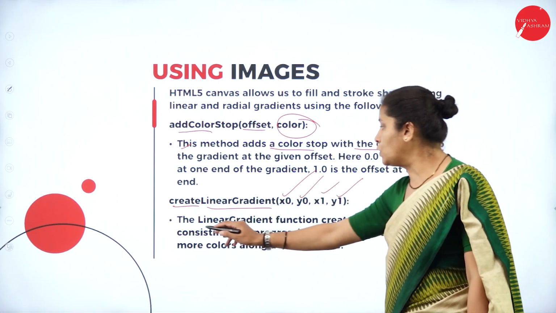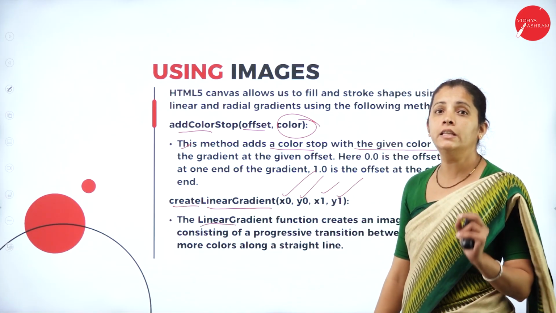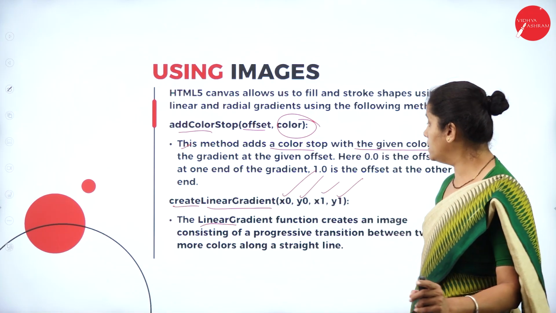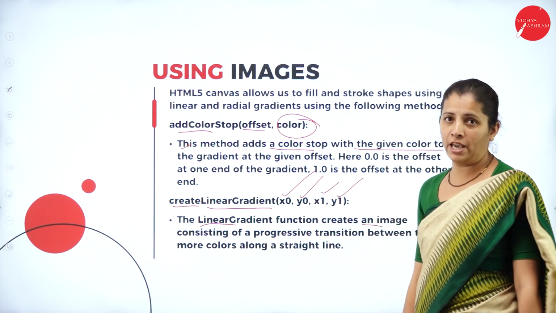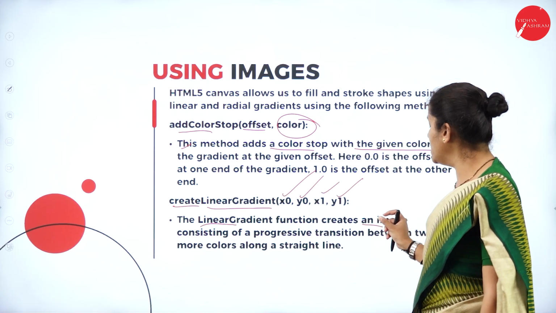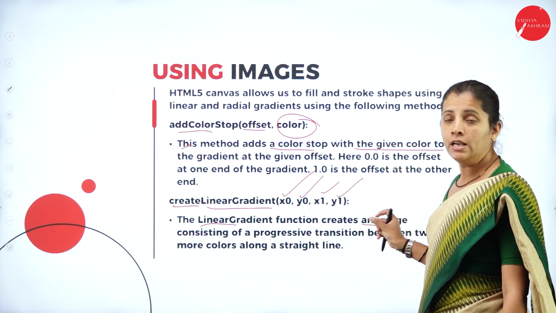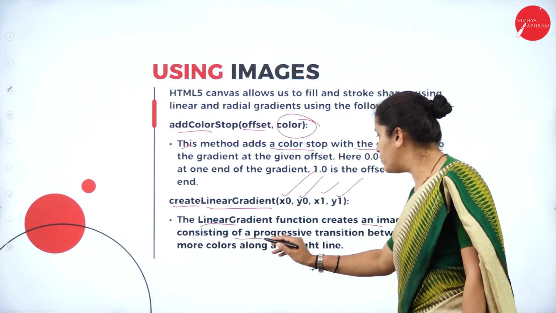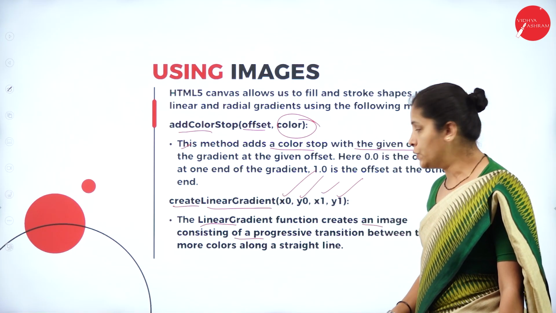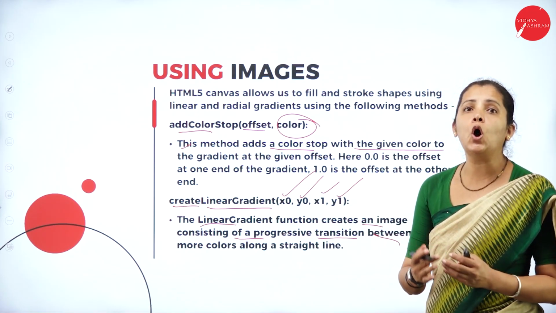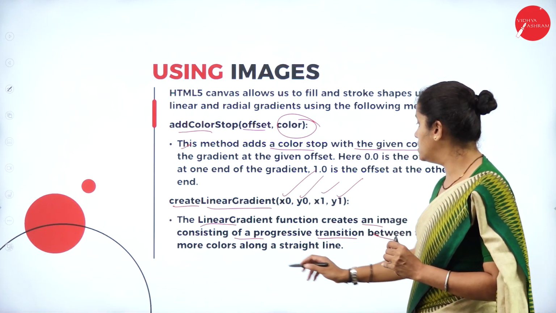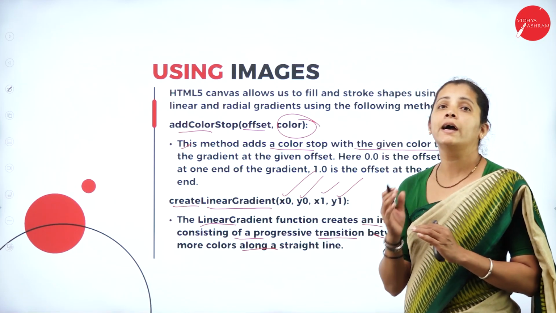A linear gradient is a function used to create an image consisting of progressive transition between two or more colors along a straight line.